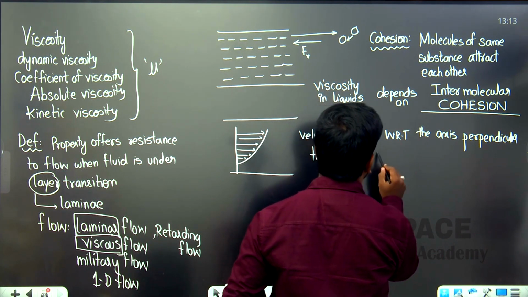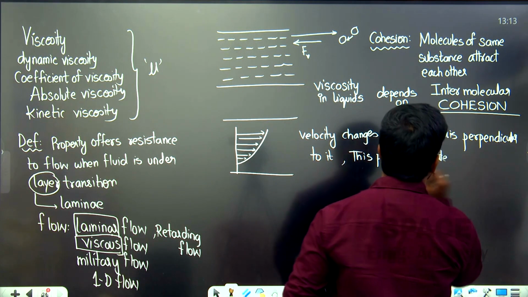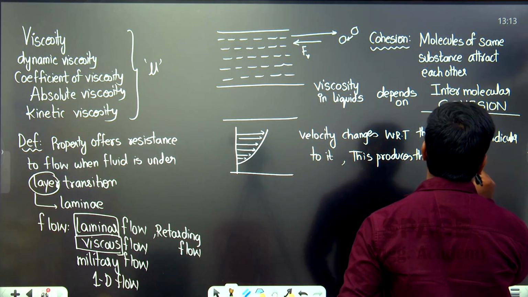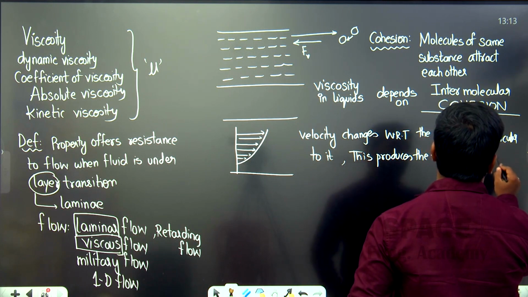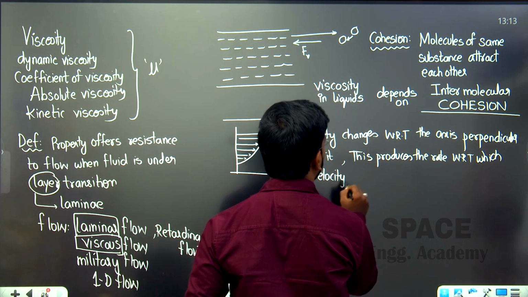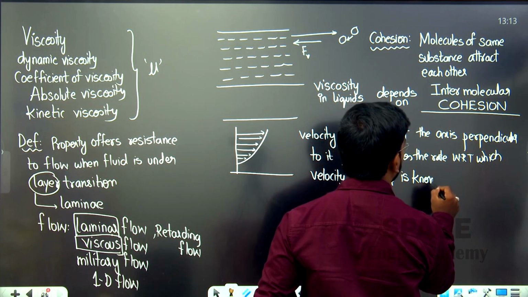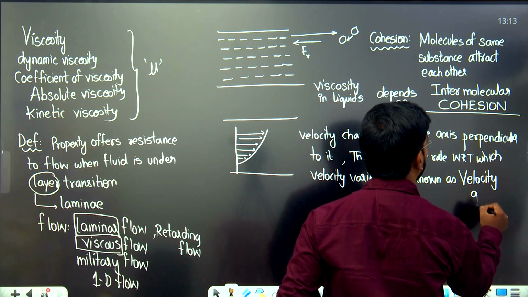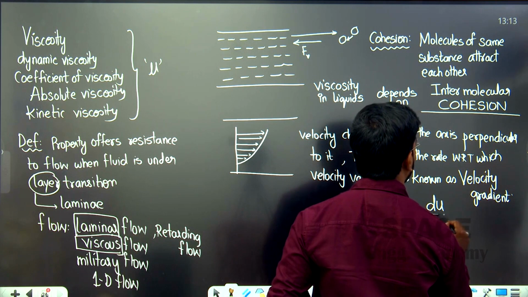This produces the rate at which velocity varies, and is known as velocity gradient. What is it known as? Velocity gradient, change in the velocity in the y direction.